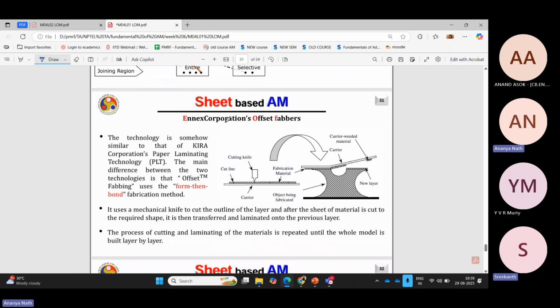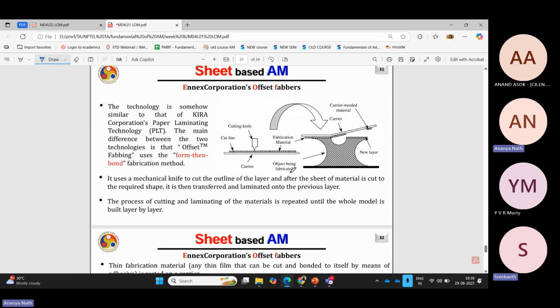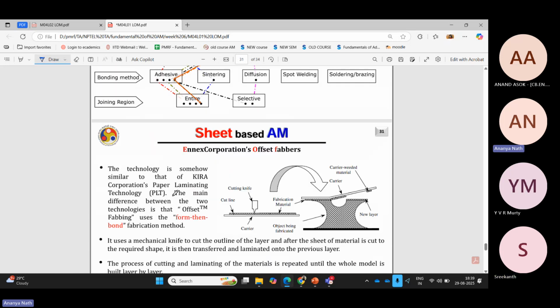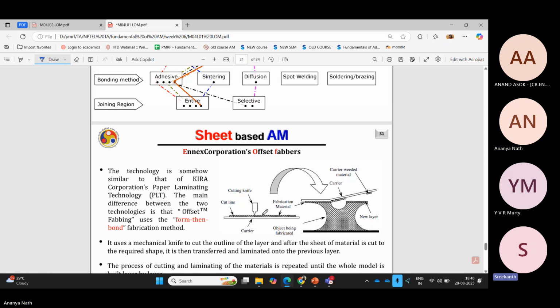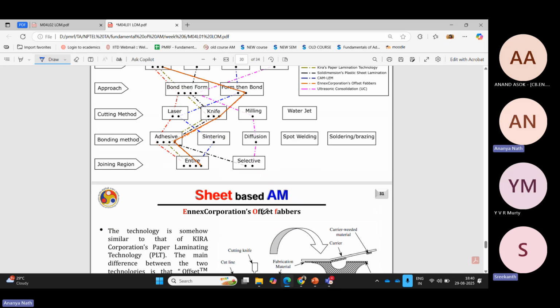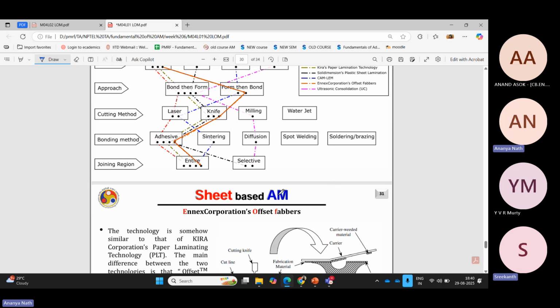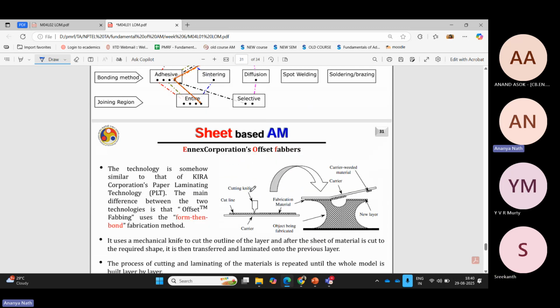Then comes our EOF, where we are using paper, foam and bond. We are using a knife to cut, adhesive, and the entire region is joined. First, this is the cutting knife, which is used to cut the excess part. For the bonding, first we cut, and in the cut portion, you put the next paper sheet, and adhesive is used for the adhesion of two sheets, and the entire sheet is joined.